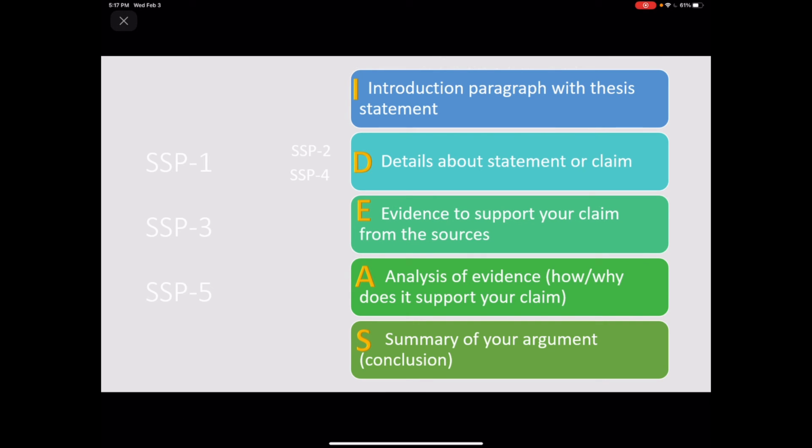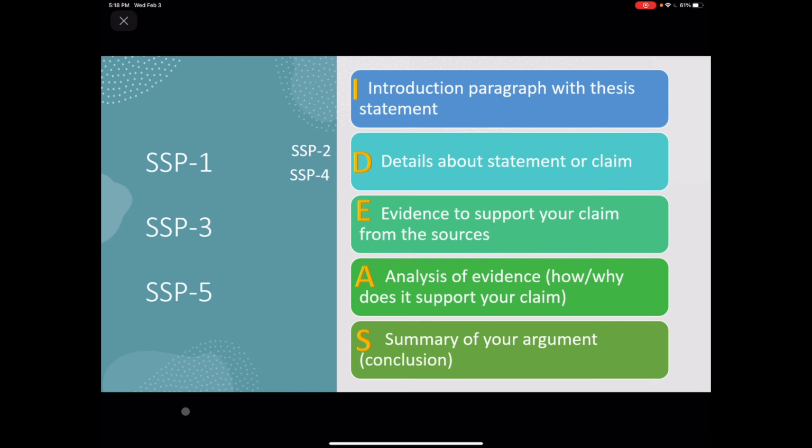When we are coming up with our details about our statement or claim, that's social studies practice 2, where you're critically examining your sources, and 4, where you're constructing and communicating an argument. Really, I think social studies practice 4 weaves its way through all of these, but sometimes it lends itself a little bit better than others.